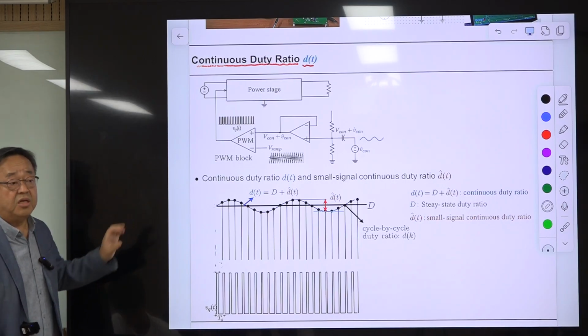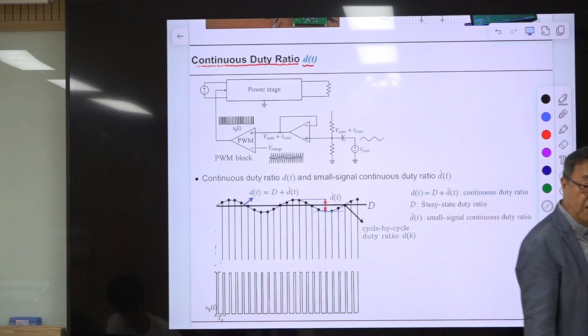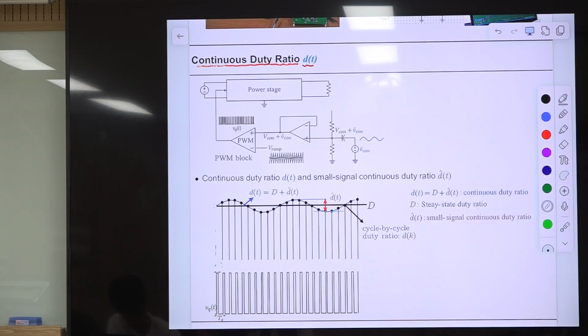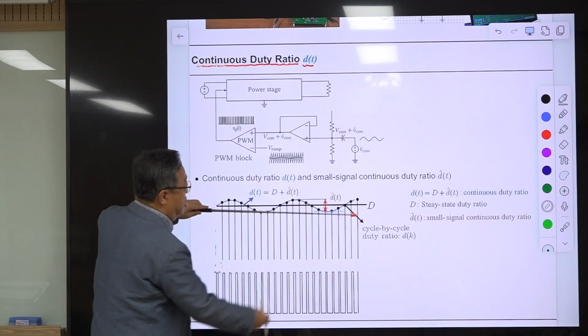This is the only story, just a conceptual explanation about continuous duty ratio d(t). We have a strict mathematical definition of d(t). I'll discuss that later, but I think this one is easy to understand and more understandable for every student and every audience. Then you have this sinusoidal component, and we have a DC component.